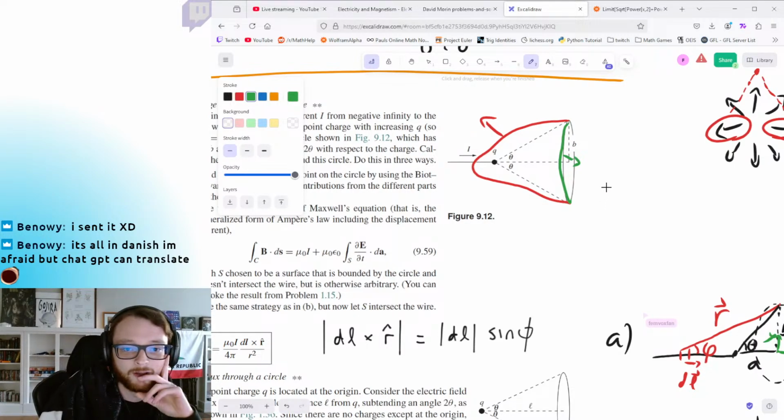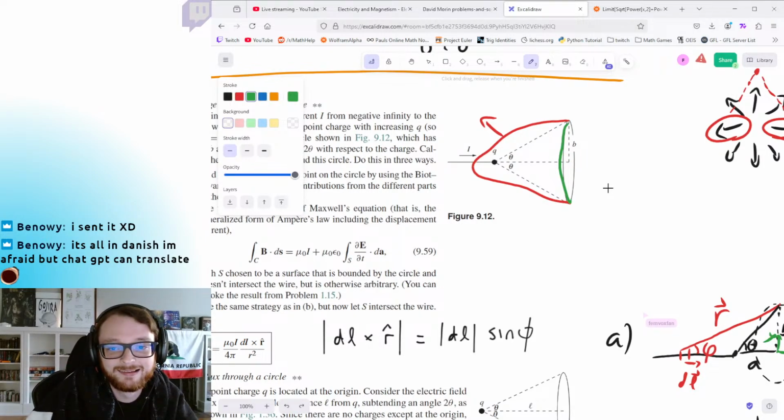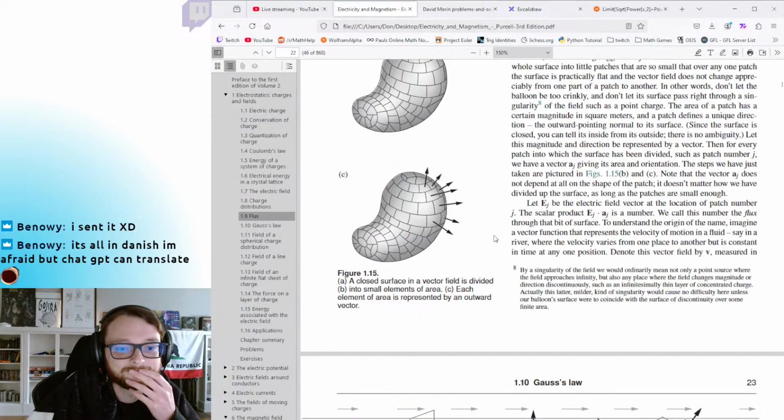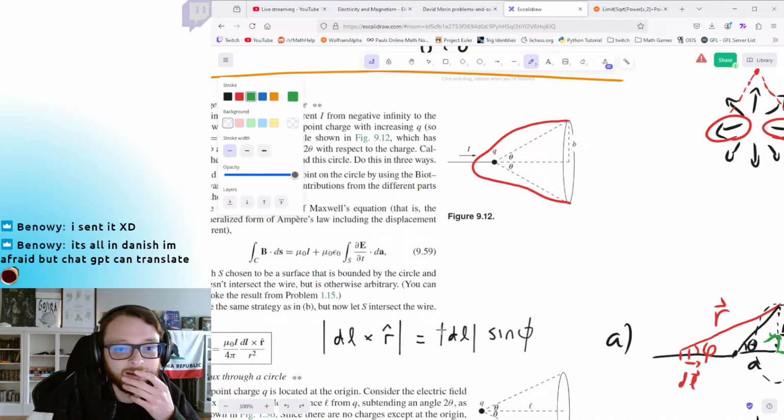So that's the part I'm not clear on, in order for this to match up. But we could just look at the answer and see what they say. Well, we could at least check A and B if you want.